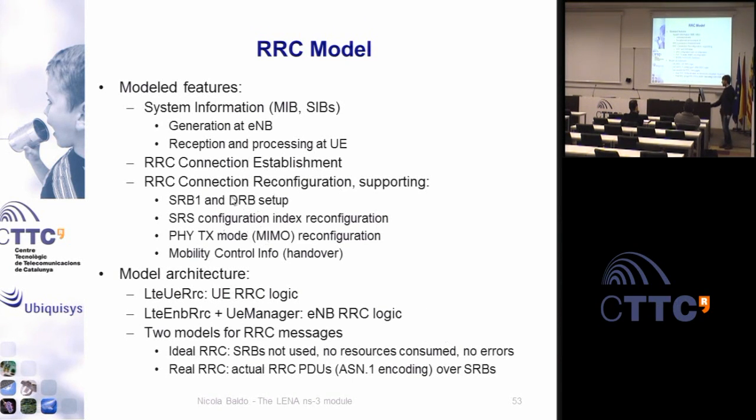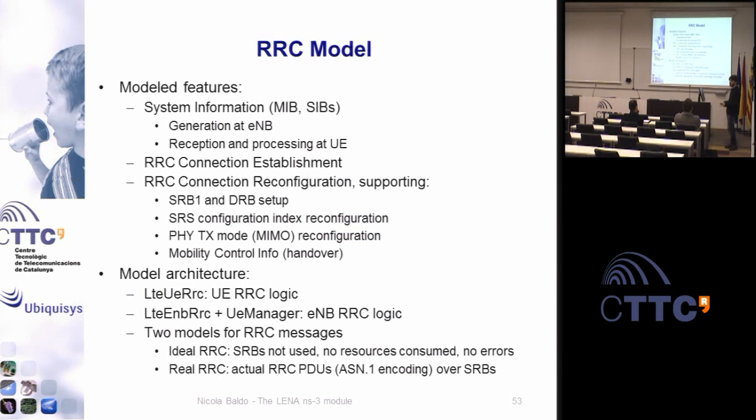But once this is said, for the rest, these are implemented following the ASN.1 encoding. And according to this real RRC model, the actually encoded RRC PDUs are transmitted over a signaling radio bearer, and therefore the scheduler takes care of allocating the radio resources for these RRC messages.